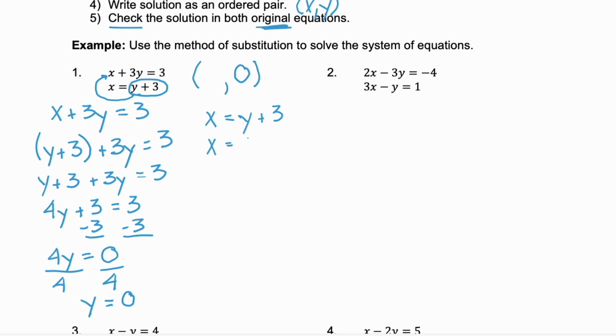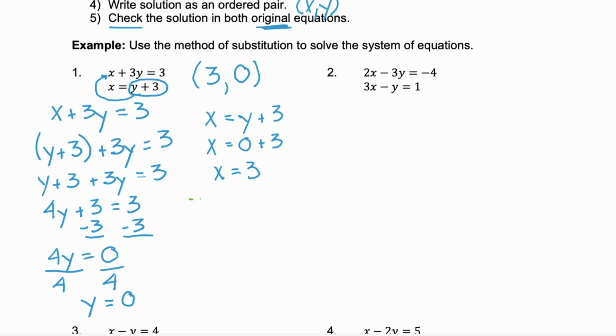Well, we know that y is 0, so we substitute that in for y, and we get x equals 0 plus 3, or x equals 3. So there we have our solution to this system of equations, and that solution is x is 3 and y is 0.